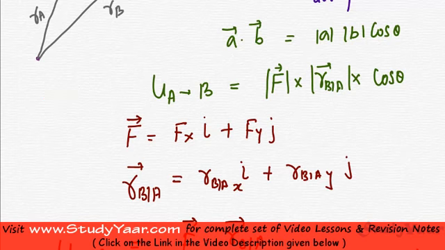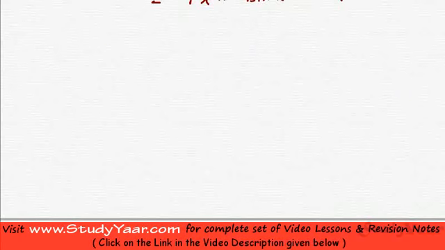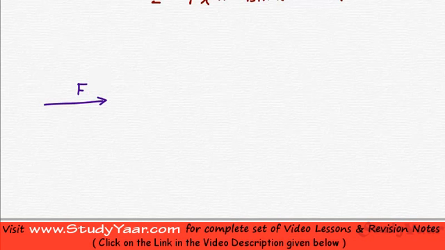Let's look at this concept in this way. Let us suppose I have a force which is this way, and due to this force I have a displacement like this. In this case, what is the angle between the force and the displacement vector? It is 0.